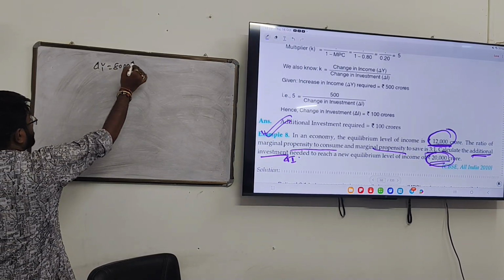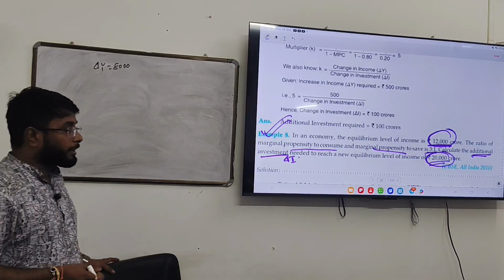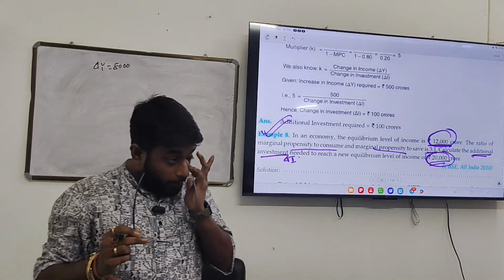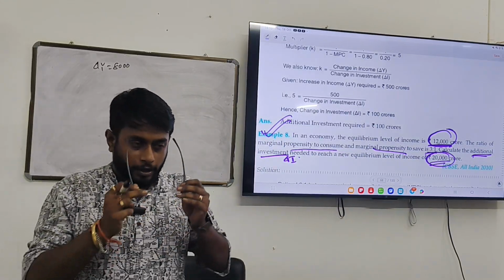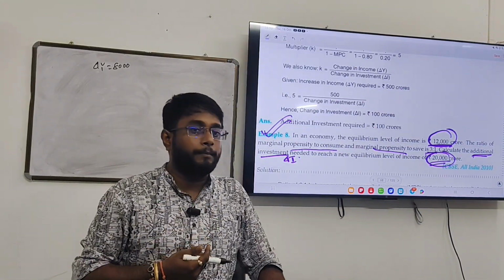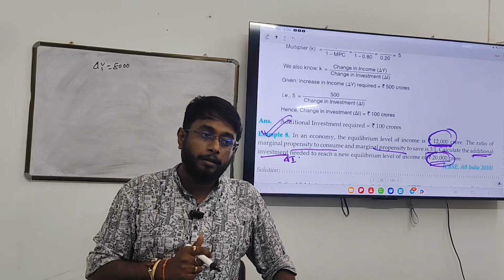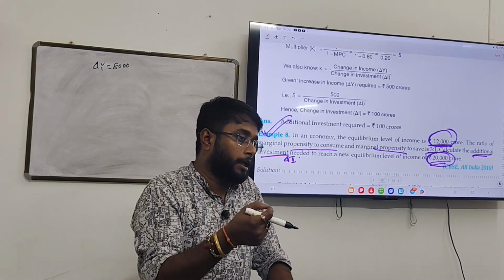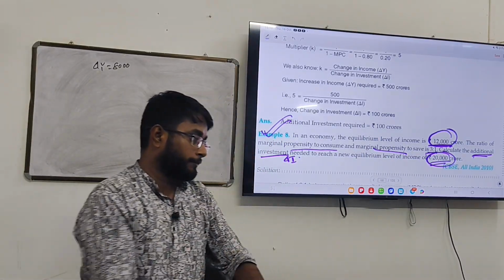Initial income is 12,000 and new equilibrium income is 20,000, so the change of income is 8,000.